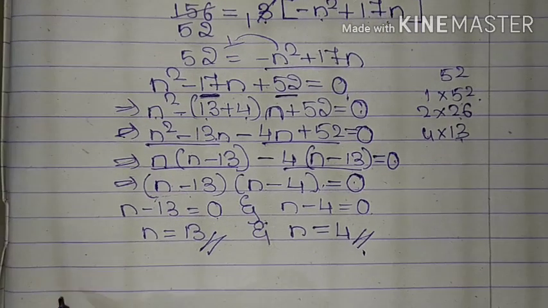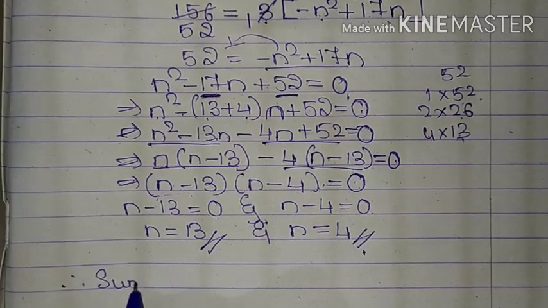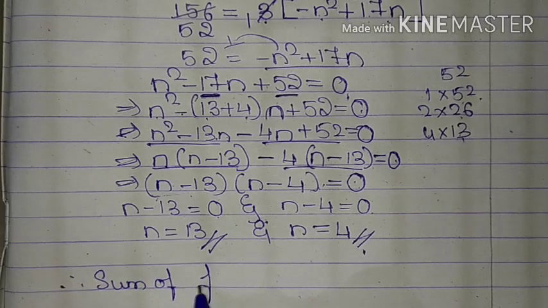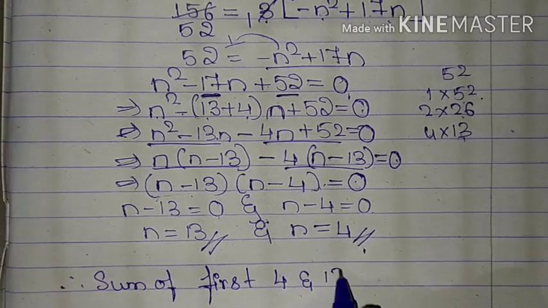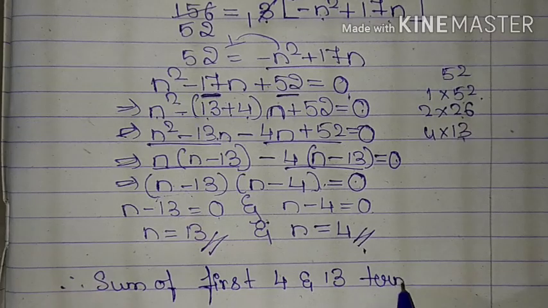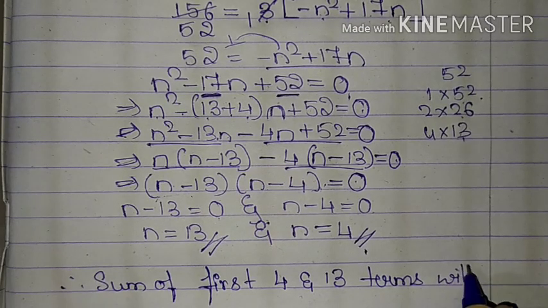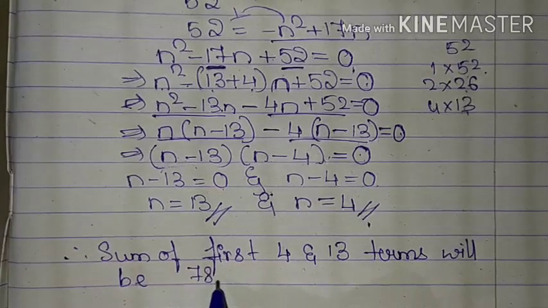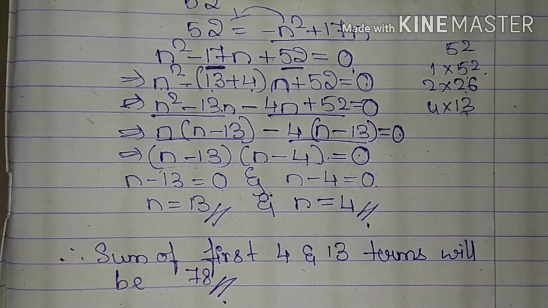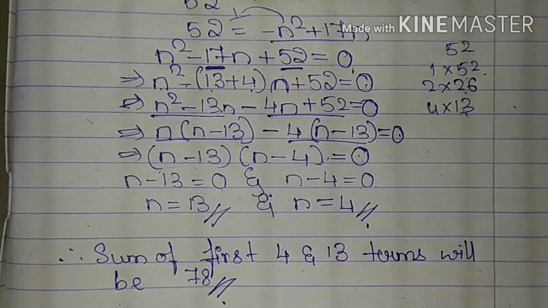Therefore, the sum of first 4 and 13 terms will be 78. This is our solution. That also means S4 is equal to S13 is equal to 78 for the given arithmetic progression.